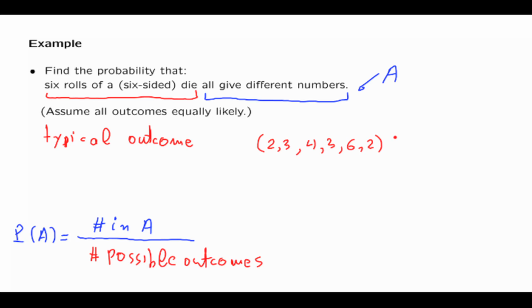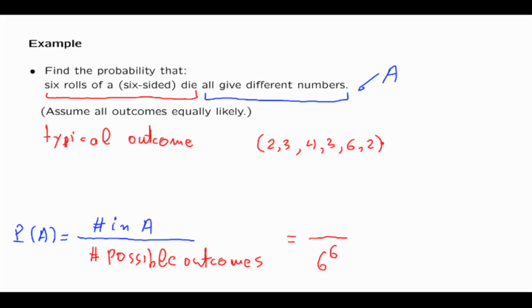That's one possible outcome. How many outcomes of this kind are there? Well, we have 6 choices for the result of the first roll, 6 choices for the result of the second roll, and so on. And since we have a total of 6 rolls, this means that there is a total of 6 to the 6th power possible outcomes, according to the counting principle.